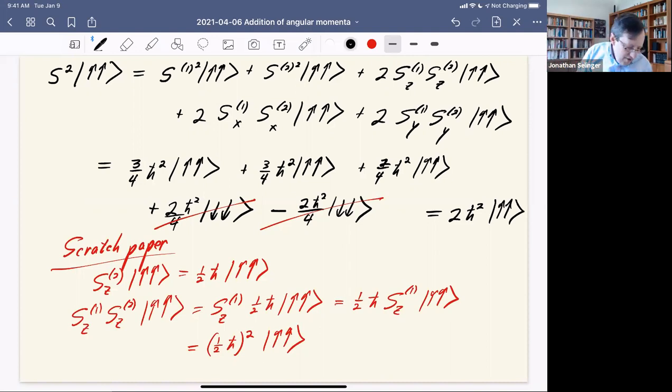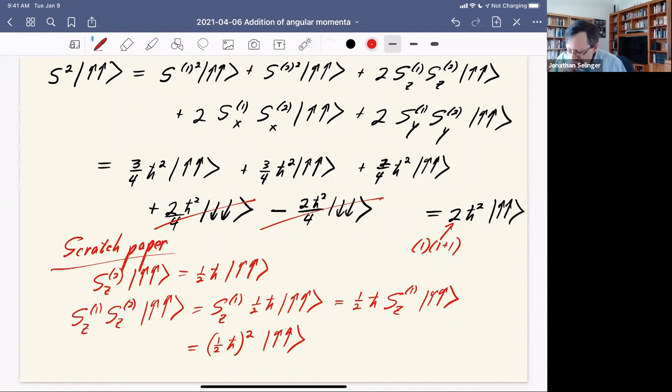Good. That agrees with my notes. Now, the nice thing about the number 2 right here, we could interpret this 2 as being a 1 times 1 plus 1.